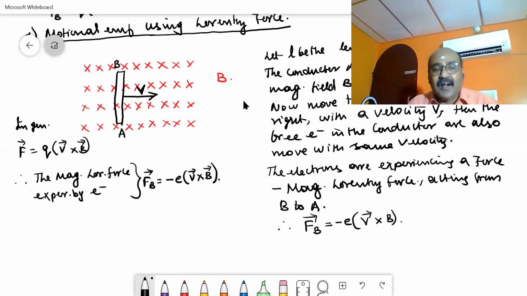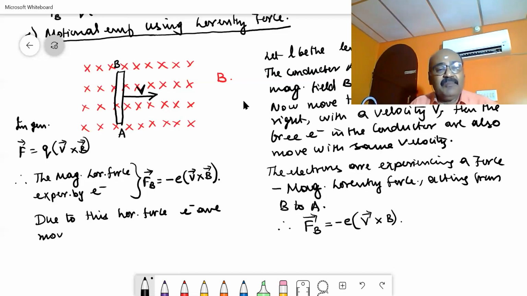So what is the concept? Due to this Lorentz force, electrons are moving from B to A and get accumulated.